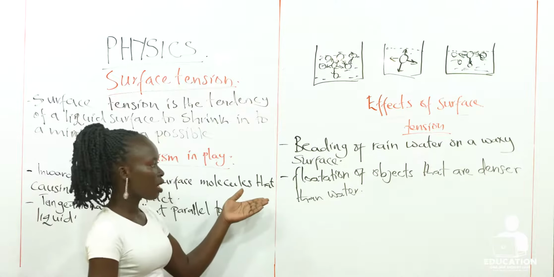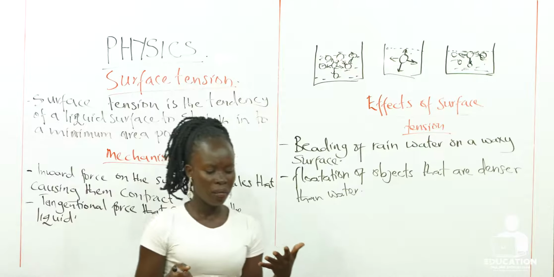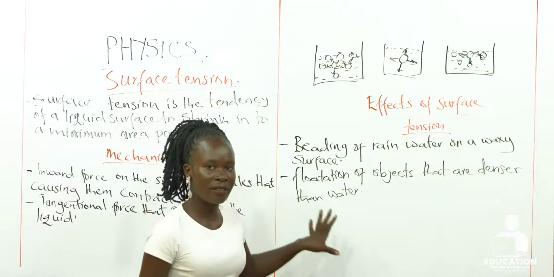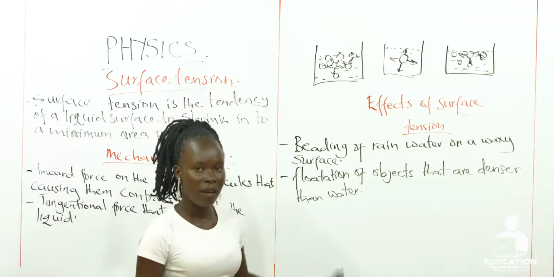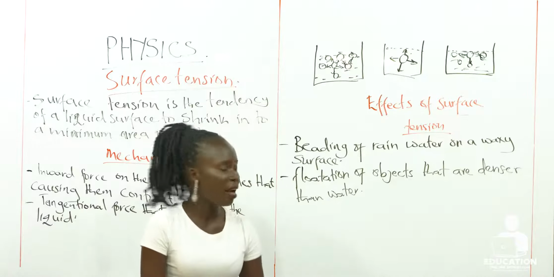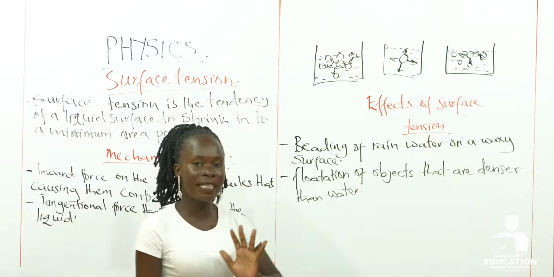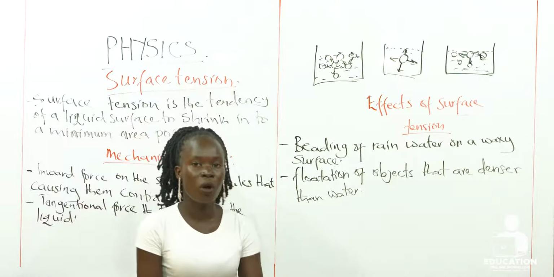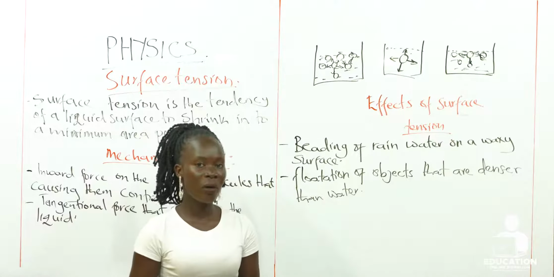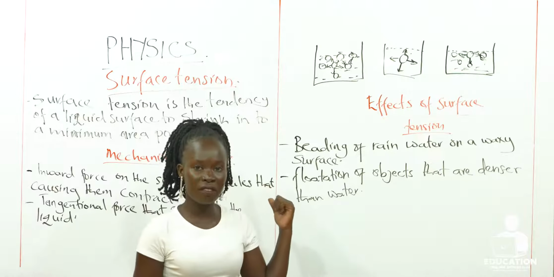Liquid, of course, has weight, and we say it is dense, but there are some other objects that are denser than water and still they float on top of the water. Why is that, and how is that possible? That is due to the effects of surface tension.